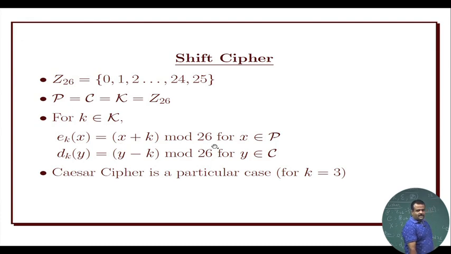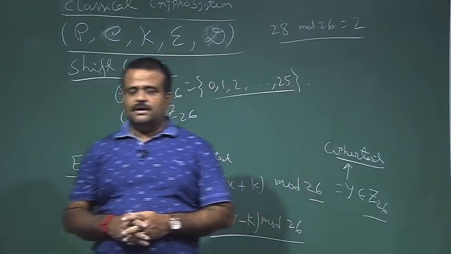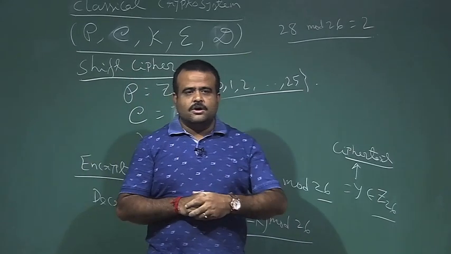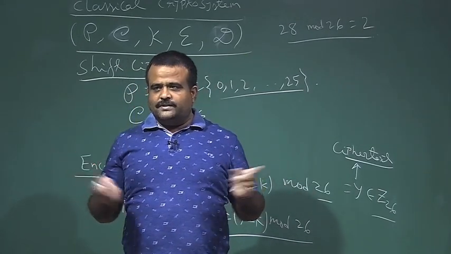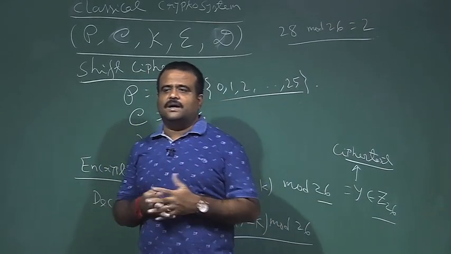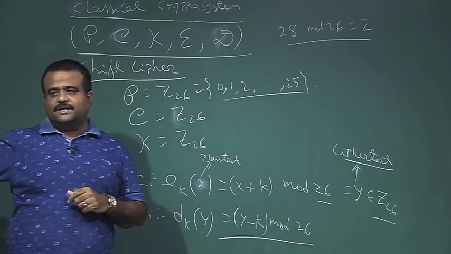Why this 26? Because we will be encrypting our plaintext as English text. The English alphabet starts from A to Z, which means 26 letters are there, A, B, C, D up to Z.